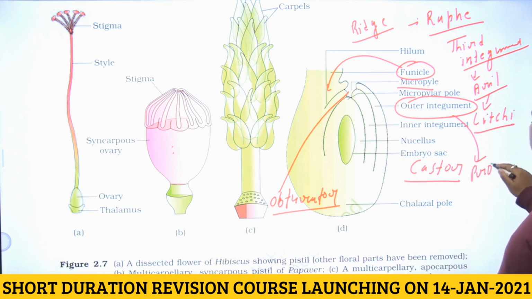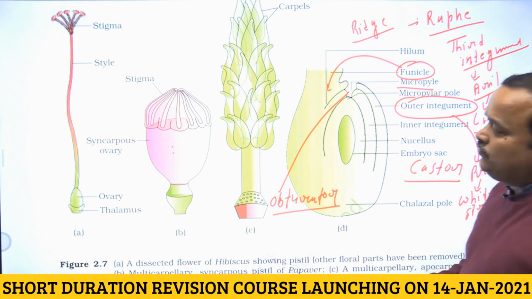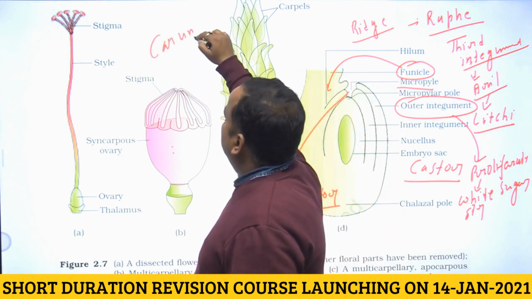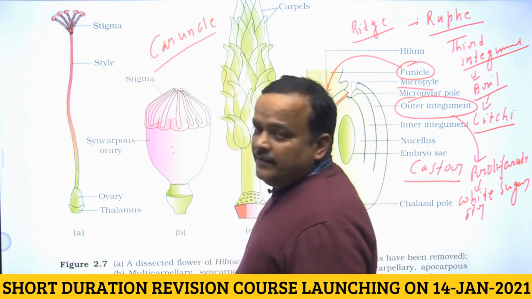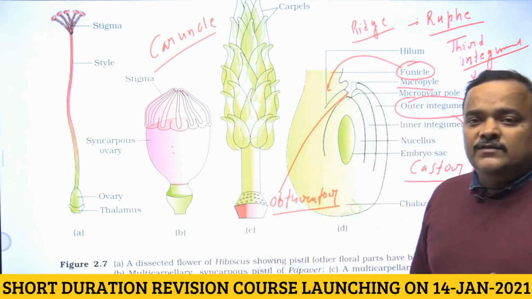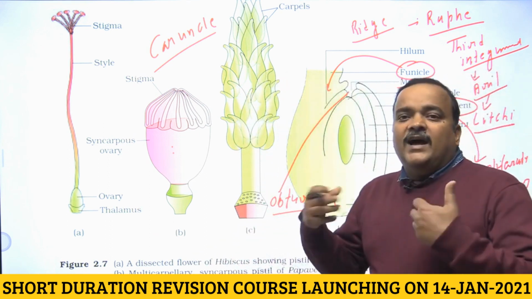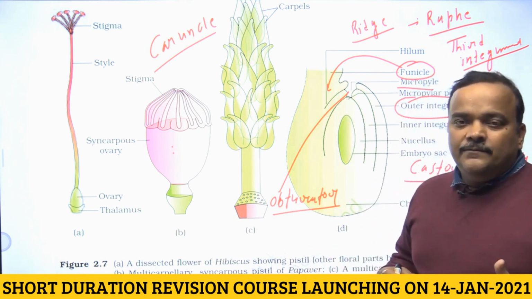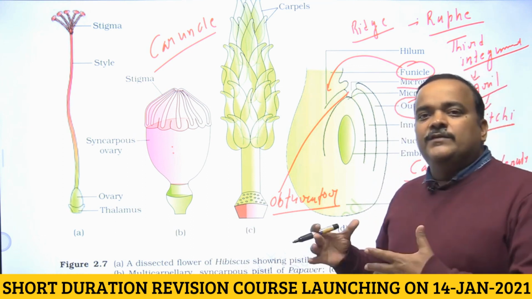Proliferate means they start dividing and form a white sugary structure, and this white sugary structure is referred to as caruncle. Now what is the purpose or function of this caruncle? This caruncle attracts ants because it is sugary in nature. So ants get attracted to these seeds and it helps in dispersal of seed.